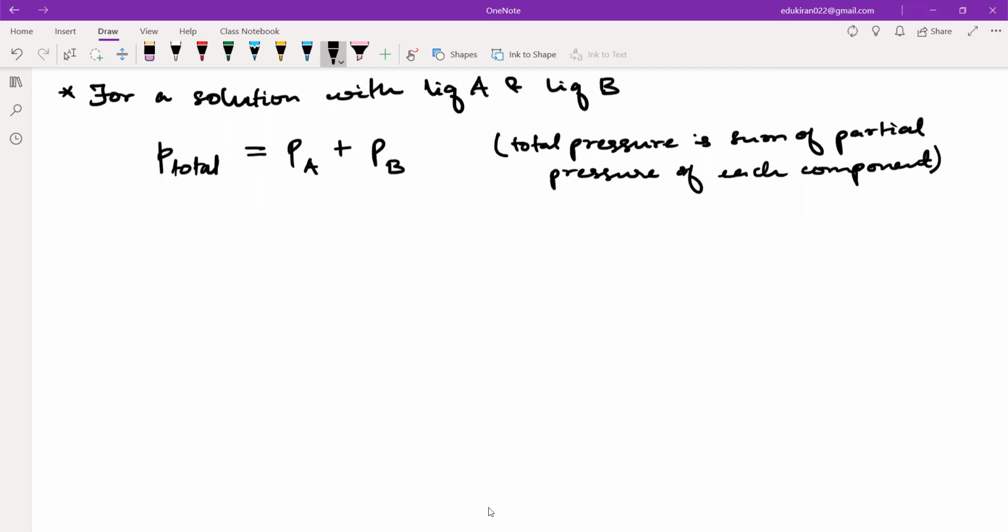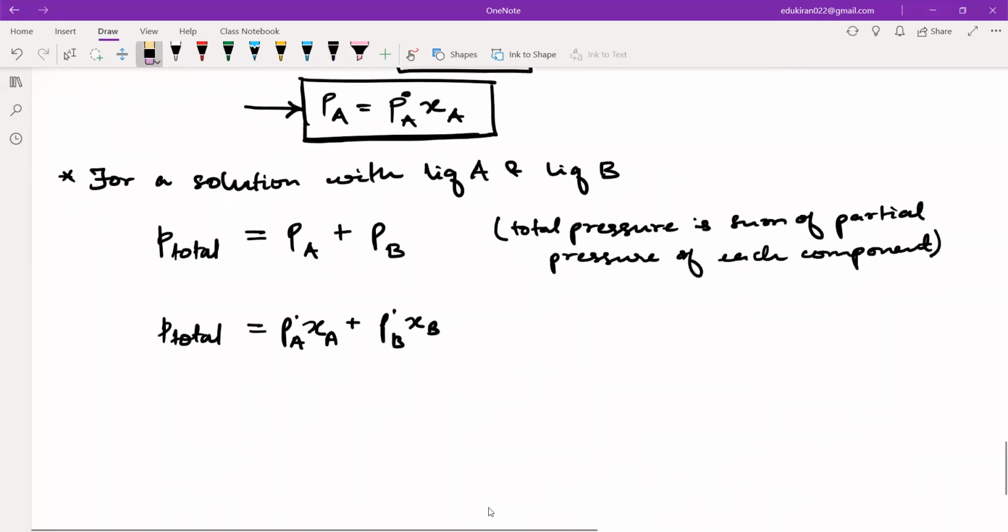Okay, now P total will be equal to P naught A chi A plus P naught B chi B. So P naught A chi A is coming from here and P naught B chi B from here, and these two equations are from Raoult's law, which we just wrote above. PA is equal to P naught A chi A. So this is the definition of Raoult's law. इसको आप याद रखिएगा.